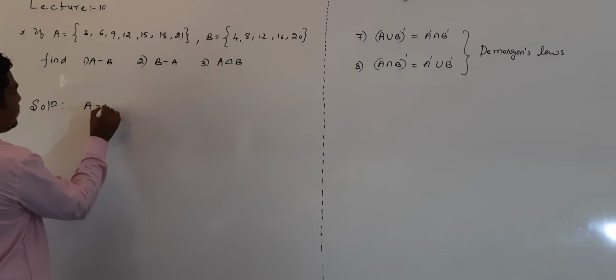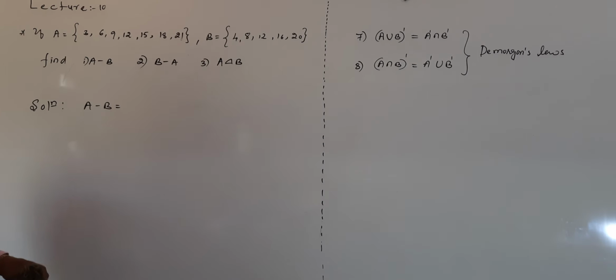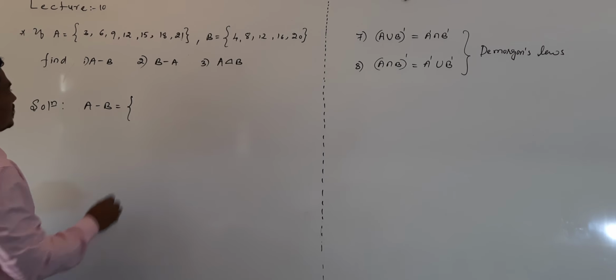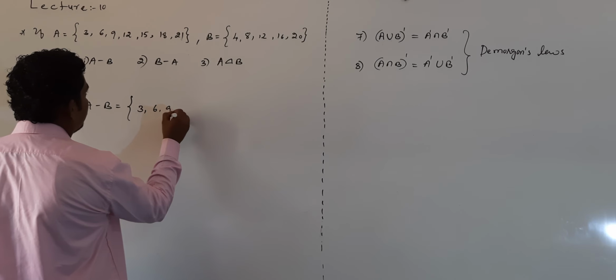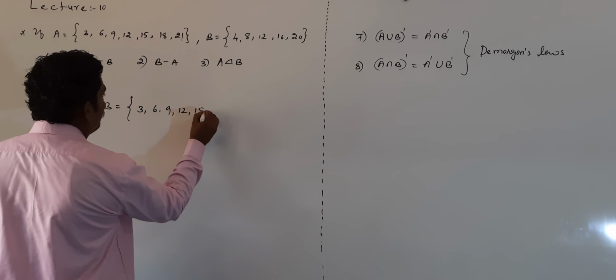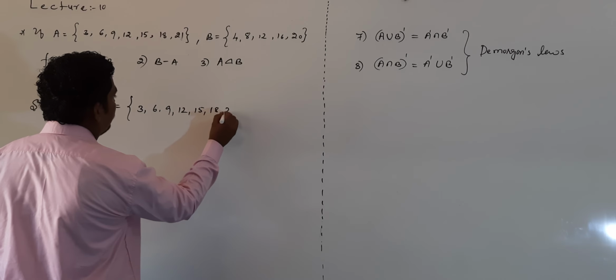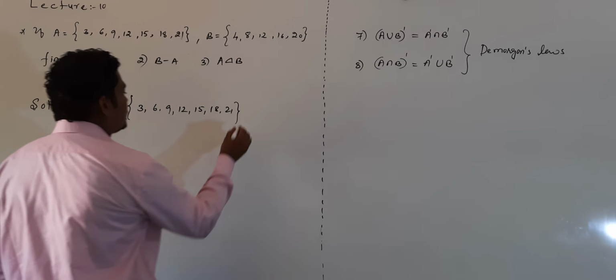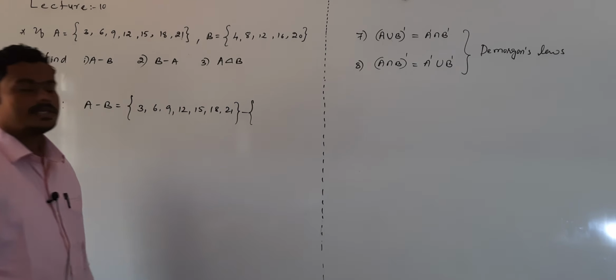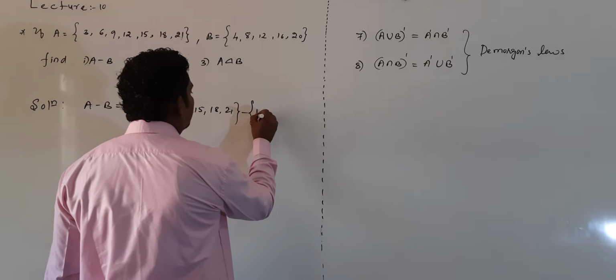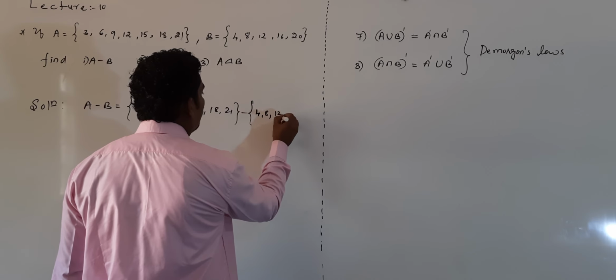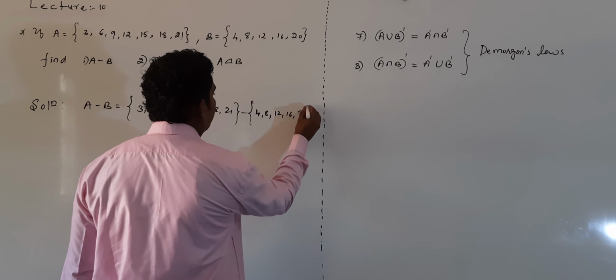First one, A minus B. First replace set A and set B. Set A is 3, 6, 9, 12, 15, 18 and 21, minus set B, which is 4, 8, 12, 16, 20.